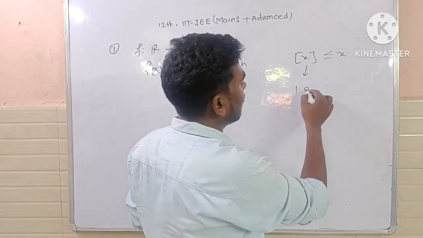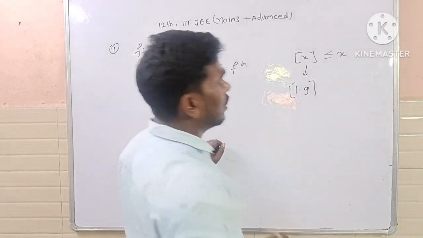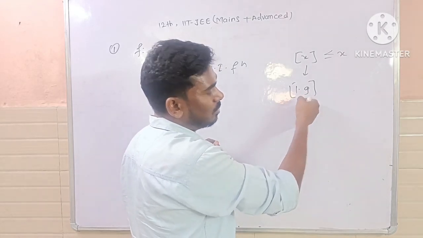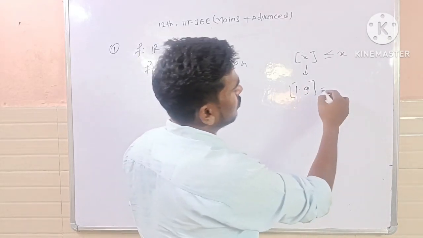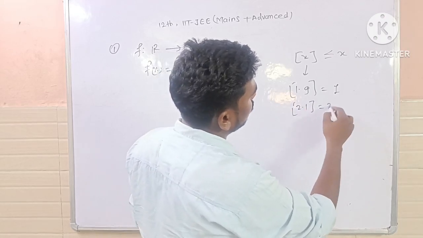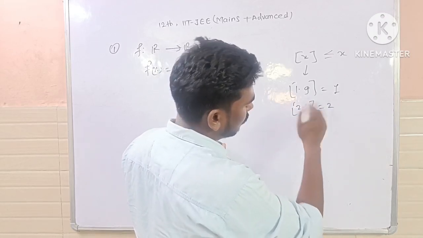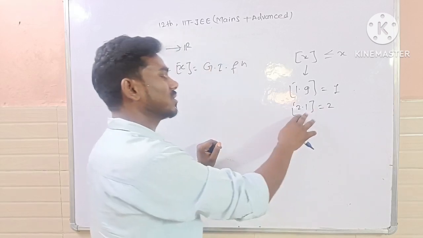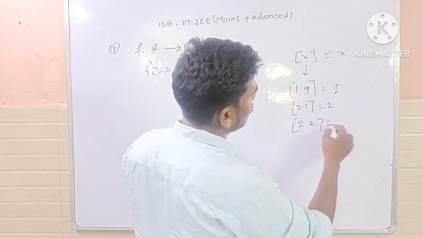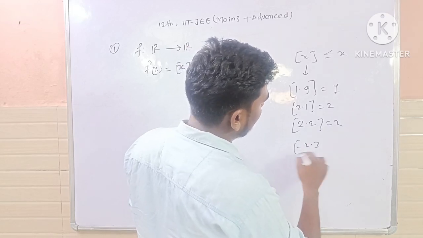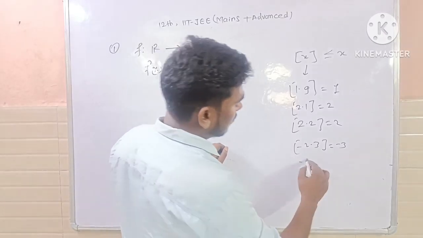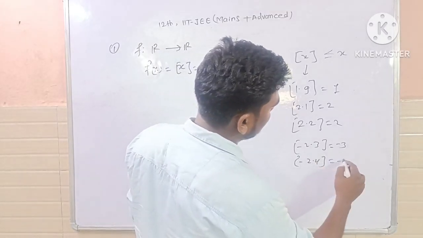Like 1.9: it gives the integer less than or equal to this value, and that must be an integer, so that is 1. If I write 2.1, that becomes 2. Writing 2.2 becomes 2. Minus 2.3 becomes minus 3, because you need the lesser integer. Minus 2.4 likewise.